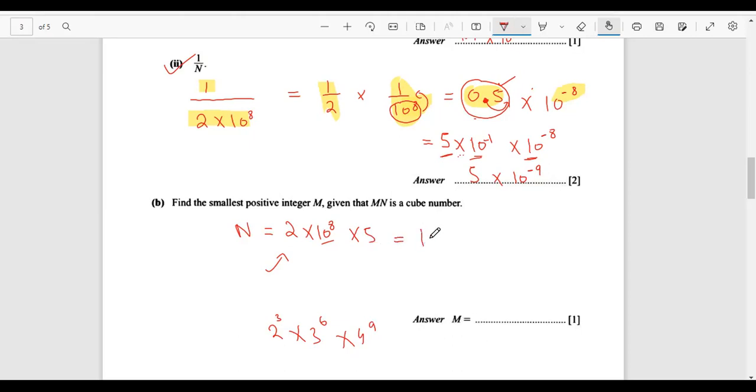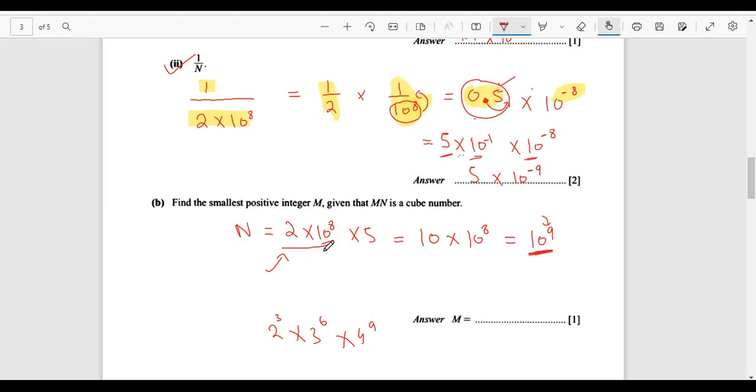2 multiplied by 5 would become 10 multiplied by 10 power 8, and it would become 10 power 9. So 10 power 9 is certainly a cube number because the power of 10 is a multiple of 3. So we had 2 multiplied by 10 power 8.